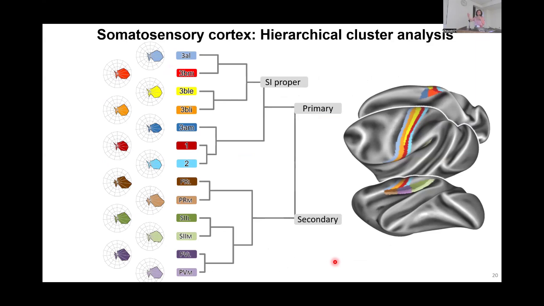This clustering analysis showed a clear segregation of the primary sensory areas at the top of the dendrogram from the secondary sensory areas, and within the primary areas we also have a clear separation of what is called the S1 proper, so area 3B, where Mechi could also identify differences which are probably related to somatotopic differences.